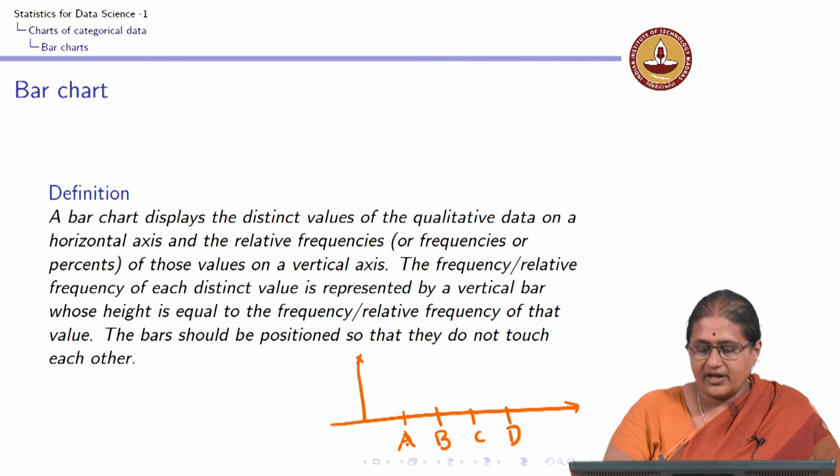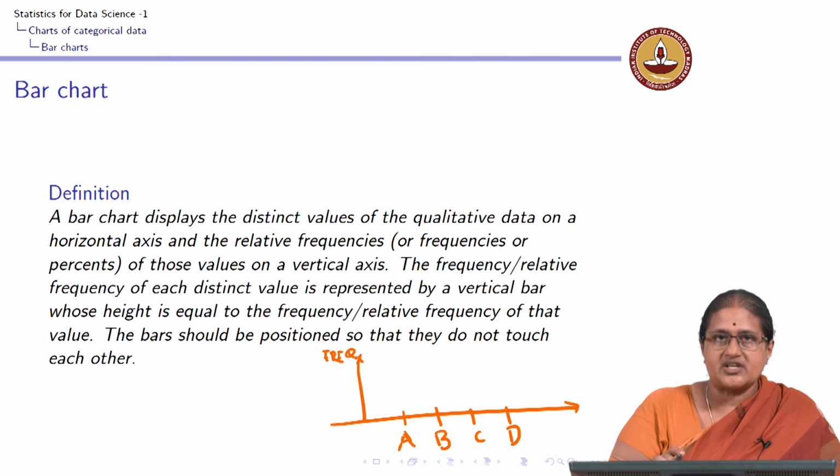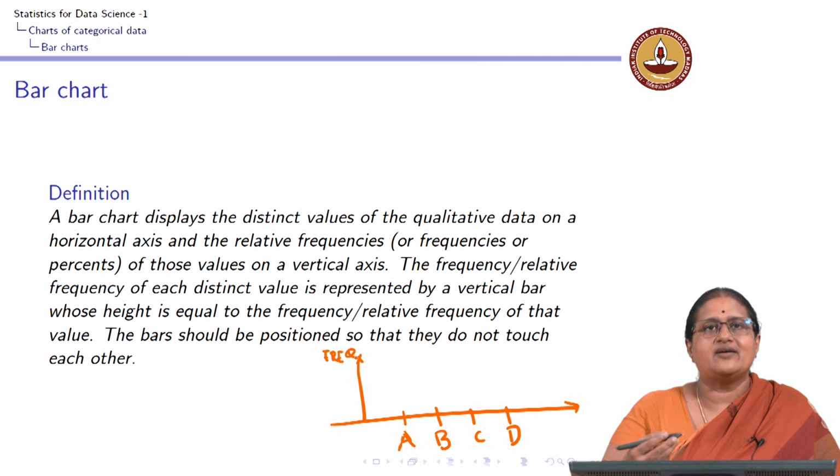However, I need to be very clear as to what the variable is, and the distinct values are given on the horizontal axis. On the vertical axis, I can plot either the frequencies or the relative frequency depending on what is my interest.